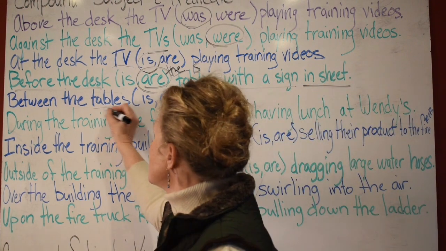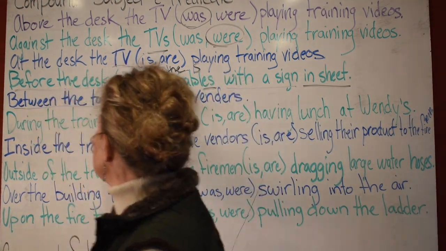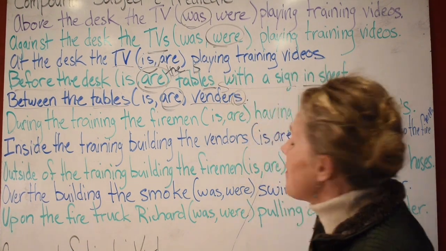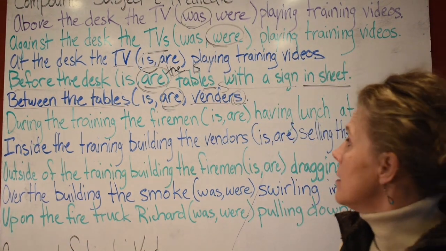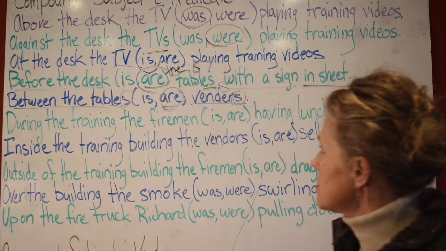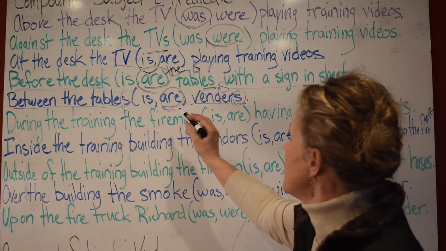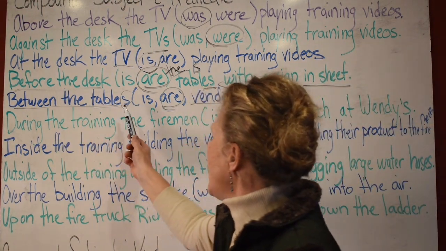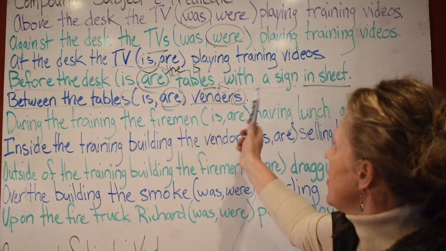Tables is not your subject. This is a prepositional phrase. Vendors is your subject, so you have to look at this plural part right here, not this plural part. Well, I just picked are because it makes sense. So, yeah, because you can't say between the tables is vendors.